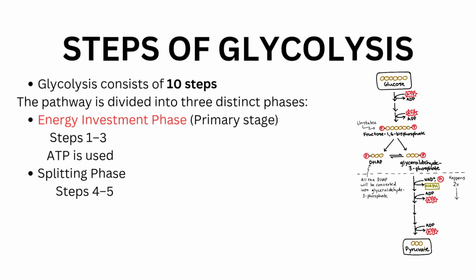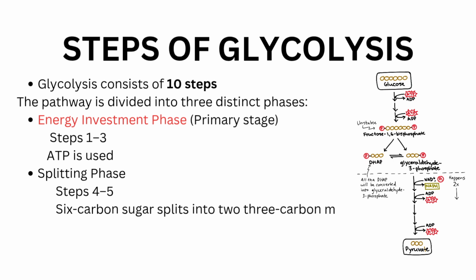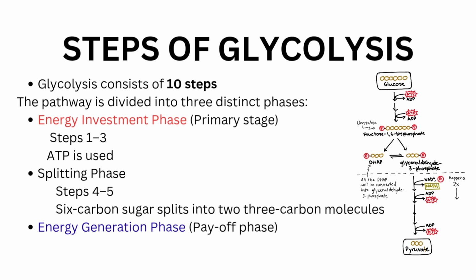In this phase, ATP is used to activate glucose. The second phase is called the splitting phase, where the 6 carbon glucose molecule is split into two 3 carbon molecules. The third phase is the energy generating phase, also known as the payoff phase. In this phase, ATP and NADH are produced.